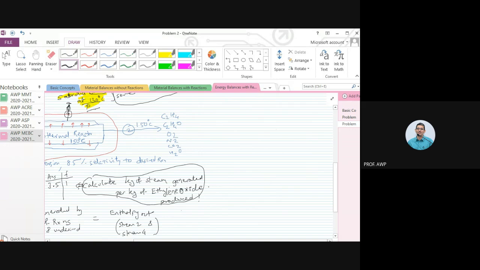Ethylene oxide is used to make ethoxylates. They are reacted with a long chain amine or a long chain alcohol, and then ethylene oxide gets added to this. Multiple ethylene oxides get added here, or they get added here.